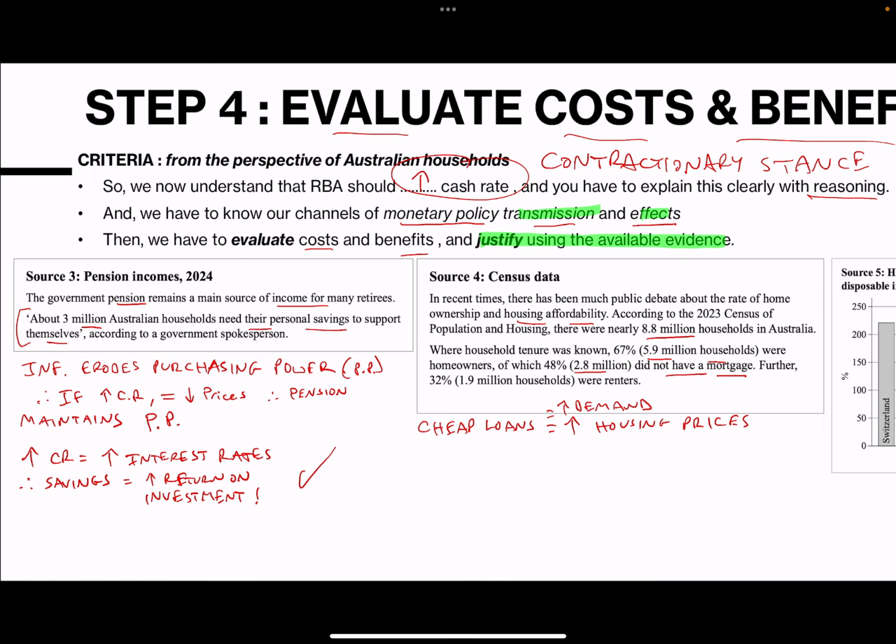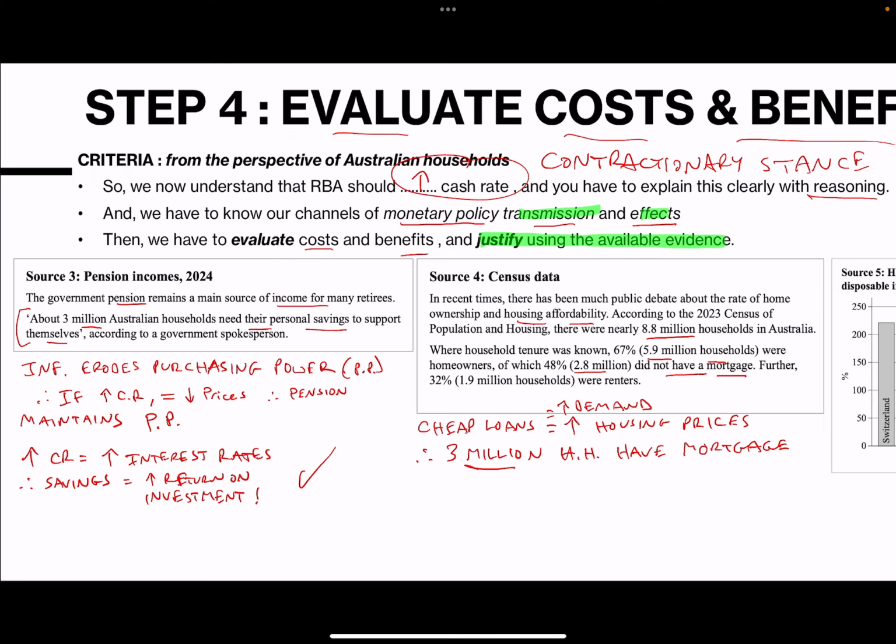That gets us down to 3 million households that have a mortgage. Hey, look, it's the same as the pensioners. Now, 2.8 million households don't have a mortgage.